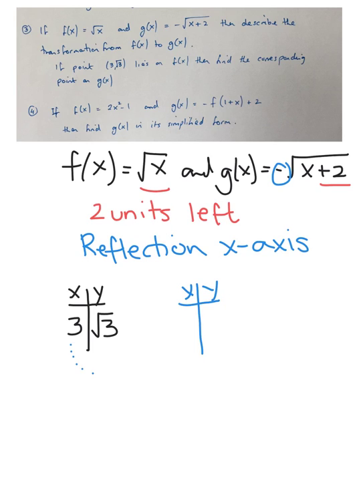So we take the x value and go 2 units to the left, and we get 1. And then the negative sign will be multiplying the y value by negative 1 to give you a reflection, that's downwards on the x-axis, underneath the x-axis.